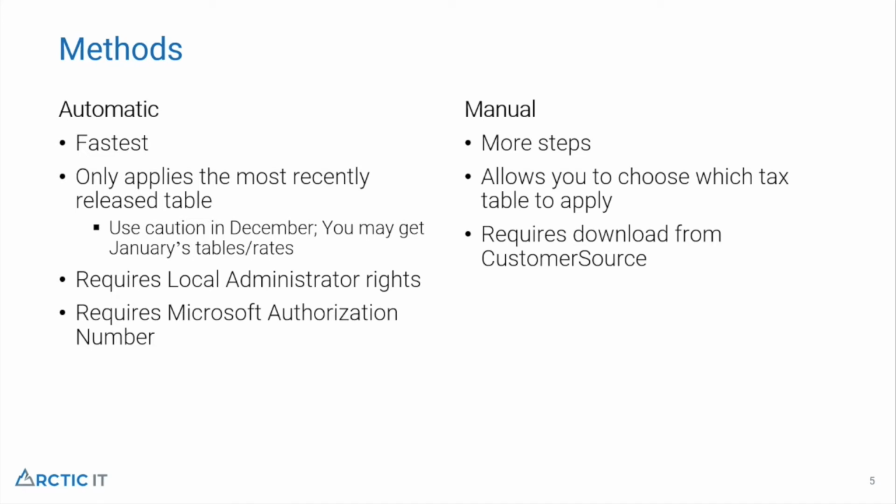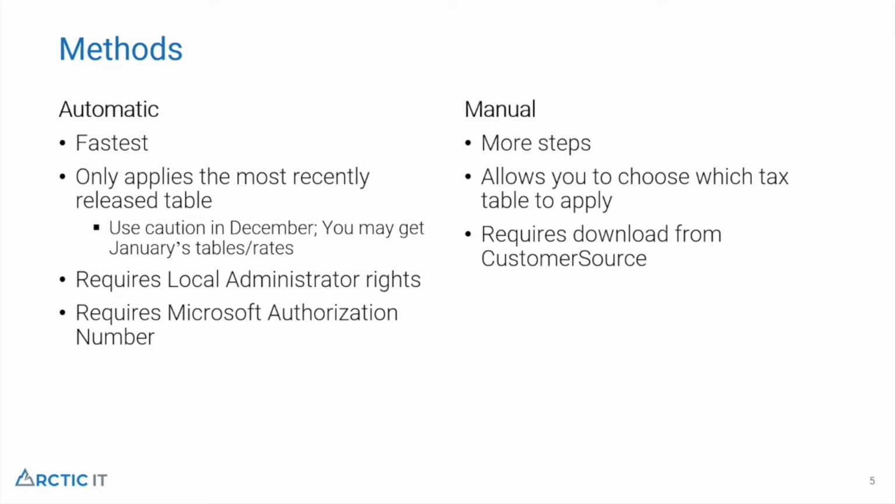For the manual method, there are a few more steps involved, but it's really not too difficult overall. The biggest benefit to the manual method is it allows you to choose which tax tables you need to apply. So if it was late December and you accidentally downloaded January's tax tables and closed the year with the incorrect rates, this allows you to roll back and apply the tables that you specifically want.